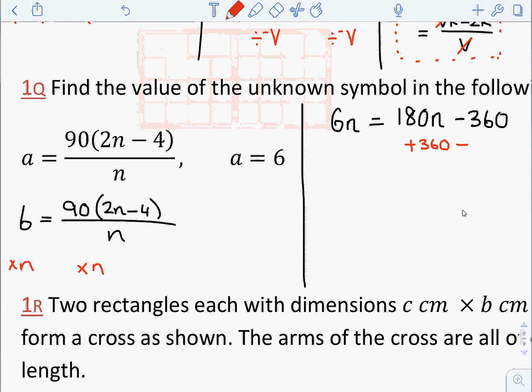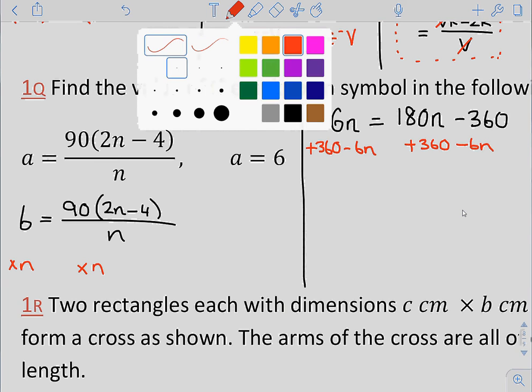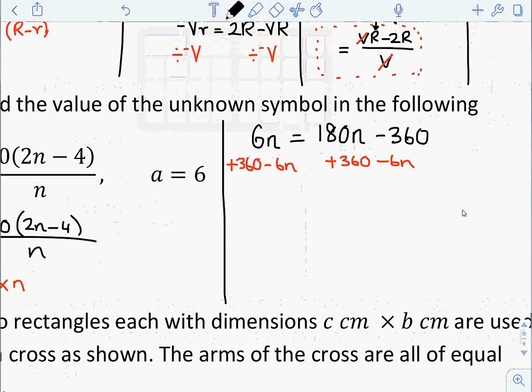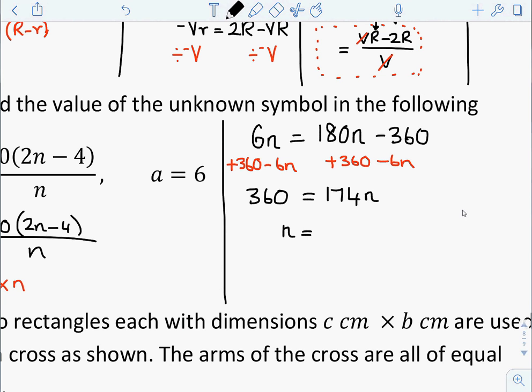And at the same time, I'm also going to minus 6n. It's essentially going to switch the 360 and the 6n, which is going to leave me with 360 equal to 174n. Divide by the 174 and you will get n equal to 360 divided by 174. Never leave a fraction unsimplified.